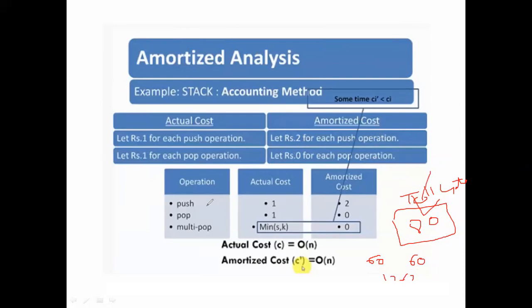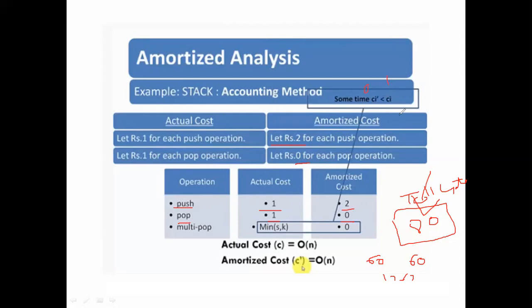See here, for the push operation, the actual cost is 1. The amortized cost I already gave here is 2 rupees. For the pop operation, the actual cost is 1 rupee, but in amortized cost I will provide 0. So in this case, C dash of i is less than C of i. C dash is 0 here and this is 1.